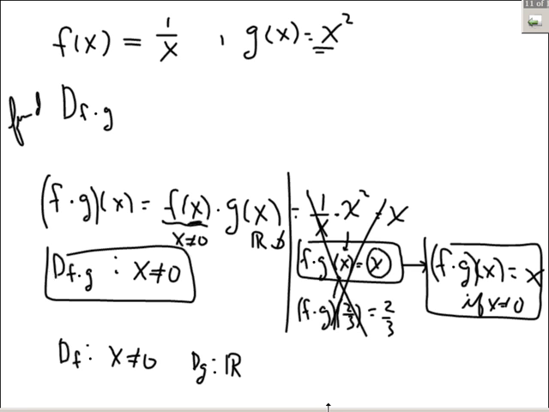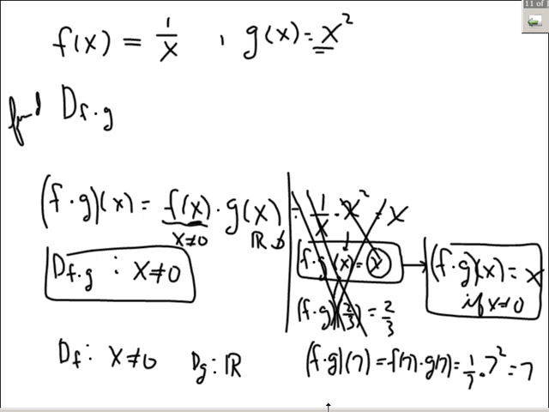That is, f times g of any number, as long as that number is not 0, is itself. F times g of 7, I claim it's 7. That is, it's f of 7 times g of 7. But f of 7 is 1 over 7 and g of 7 is 7 squared. Well, that's 7. It just doesn't work with 0.